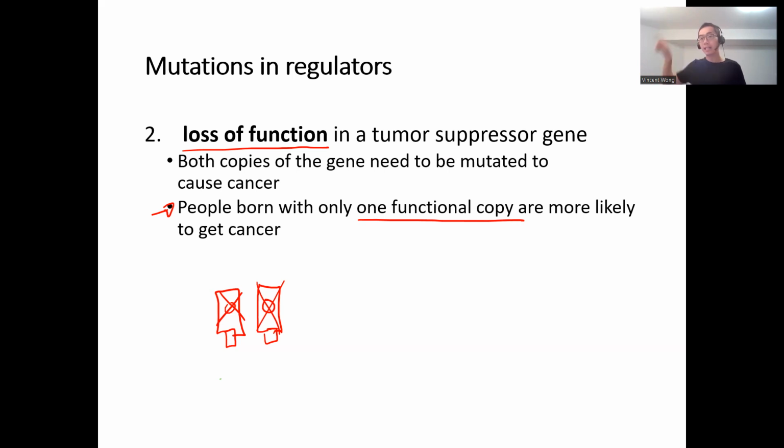So one additional mutation is going to cause the cancer. Whereas a normal individual with both red lights, there are trillions of cells in the body, so you can have one red light not working, and then in order for the cancer to happen, you will have to knock out the other red light in the same cell. So that's relatively rare.